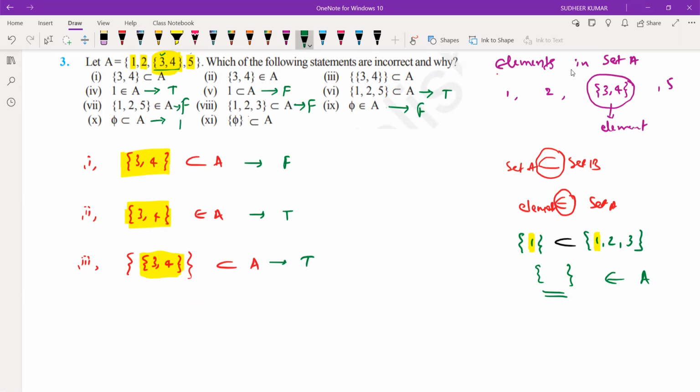True, because this is a null set. Null set is a subset of every set. So 5 is a subset of set A. So it is true. Is it clear? Do you understand it? Yes, sir. Go to the next one.